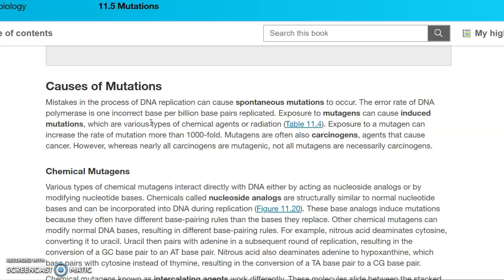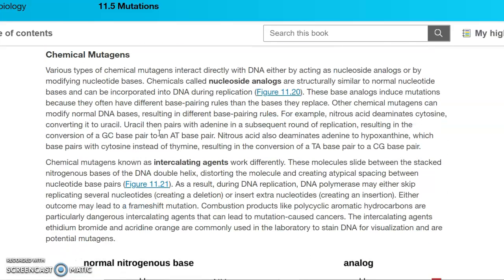So overall, pretty good success rate at getting it right. However, if the cells are exposed to mutagens, this can induce mutations and can increase this rate of mutation more than 1,000-fold.